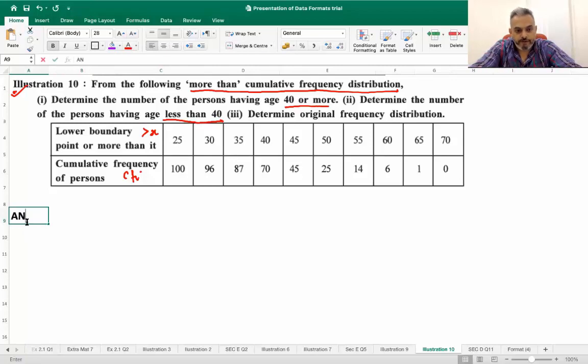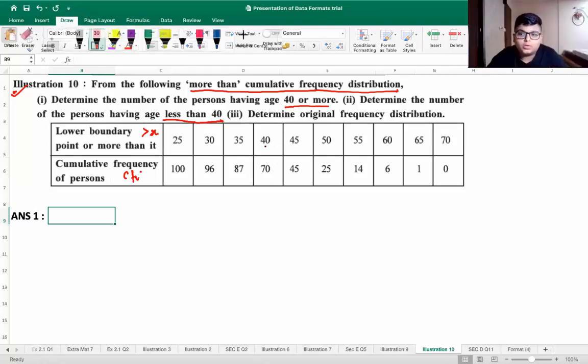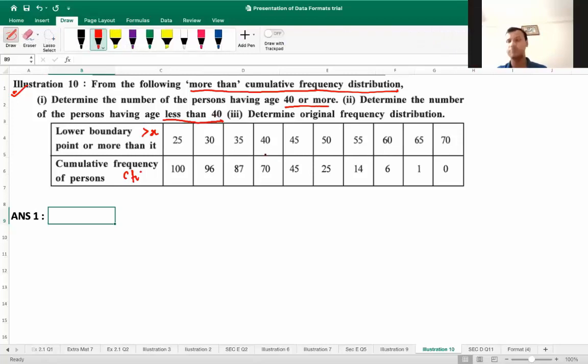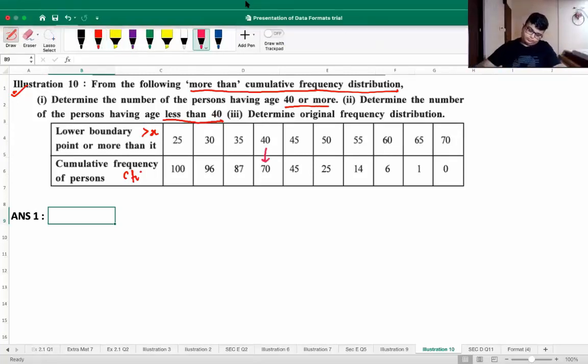So, answer first. Determine the number of persons having age 40 or more. So how many people are 40 or more? We directly get it, 70. So write the answer.